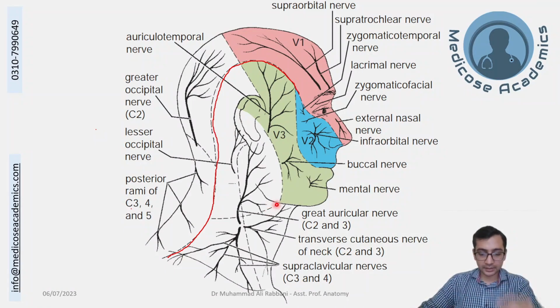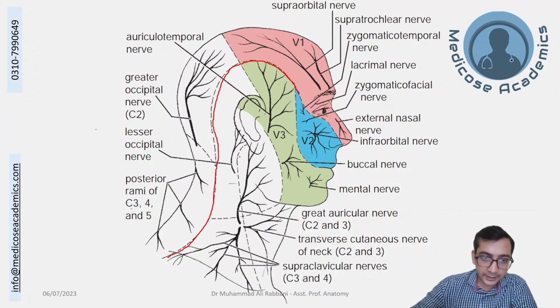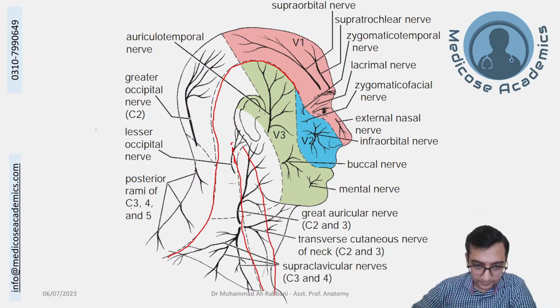Here, one minute, let me tell you one more thing. Let me draw this. Here along this line, there is a muscle. There is the sternocleidomastoid muscle right here, right at this line.